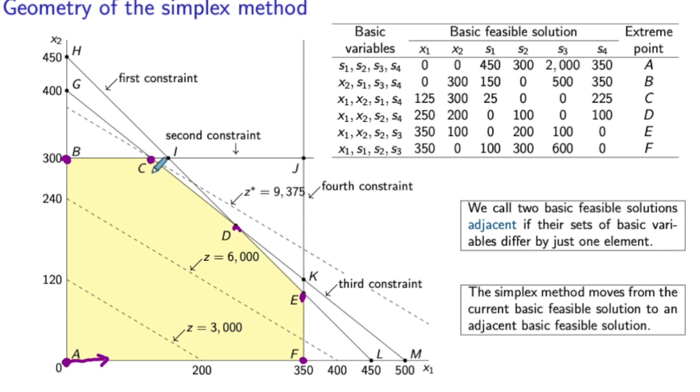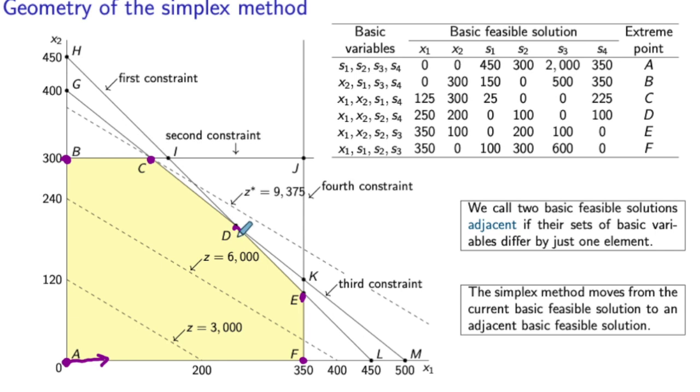So let's say for point C we saw that s2 and s3 were the non-basic variables and the rest of the variables were basic variables. So you can see that C has x1, x2, s1, s4 as the basic variables. So s2 and s3 are missing, and these are the non-basic variables that define this point.